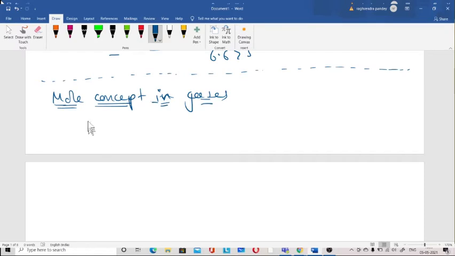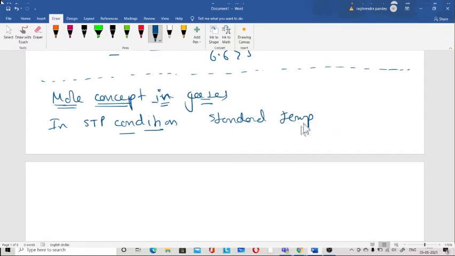So in STP condition, I hope you know what this STP is. Standard temperature and pressure. So what is standard temperature and pressure? 1 atm and 1 Kelvin? 25 degrees Celsius or 0 Kelvin?